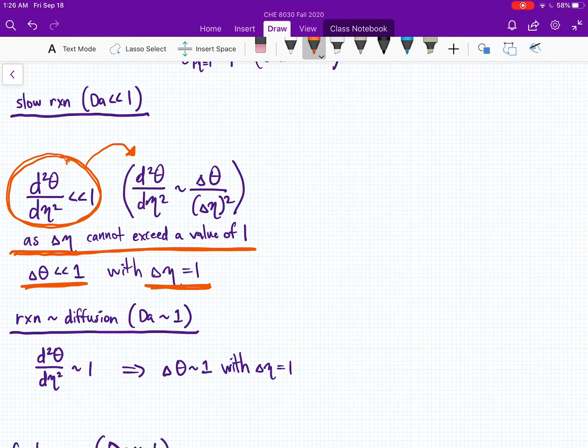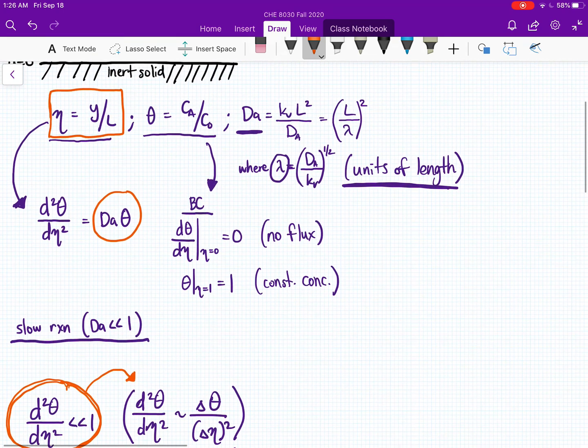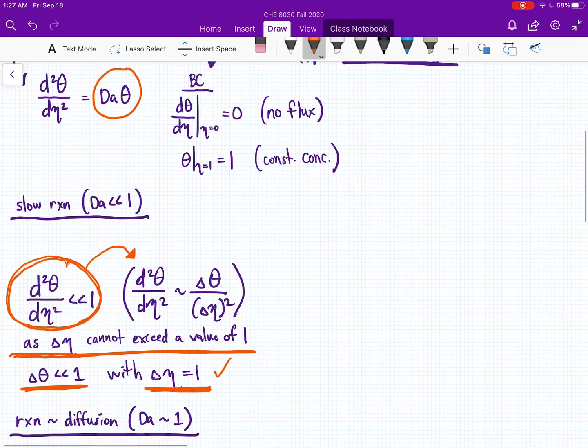And so physically what that is saying is that I have a reaction that occurs over the entire film thickness. Therefore, we can feel confident that we have scaled our problem properly by using L as the variable by which we have scaled our coordinate y. So that's the case for slow reaction.